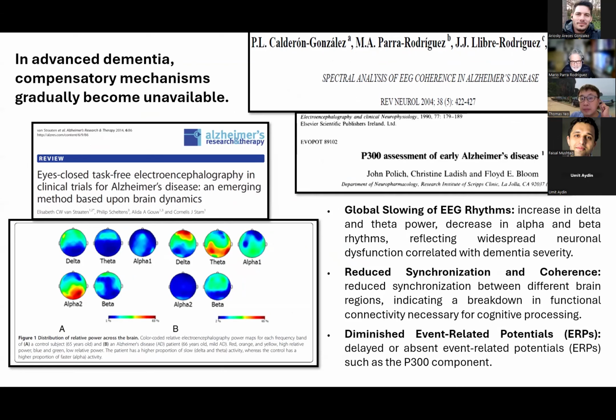In fact, this is considered a brain disconnecting syndrome. So we see that brain coherence and other connectivity metrics start failing massively, and recruitment in event-related potentials is going down as well, indicating that the biological resources needed for compensation are becoming gradually unavailable. And that is what happens in the advanced stages of the disease.